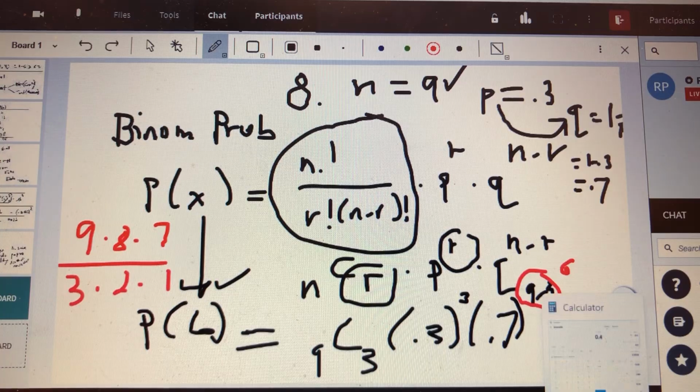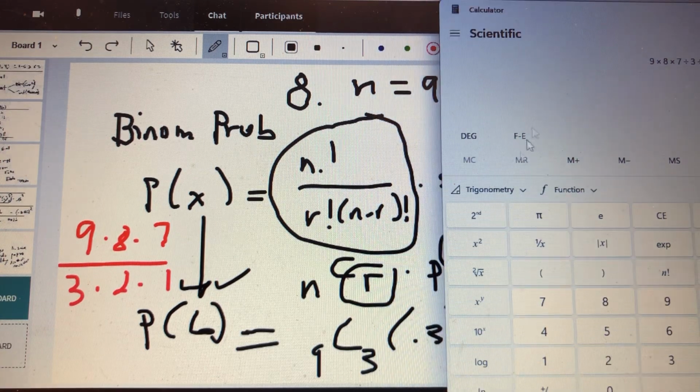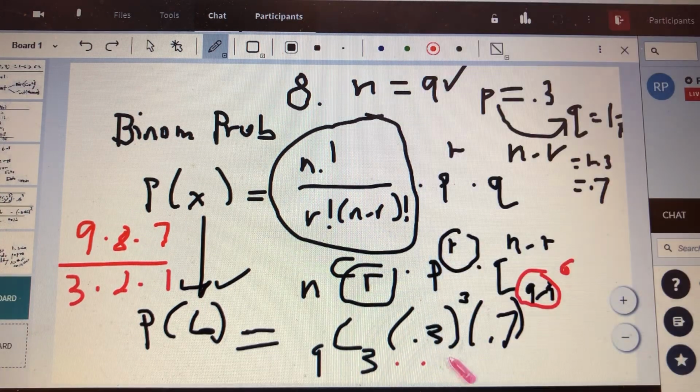I'm going to do this entirely if you don't have a graphing calculator: 9 times 8 times 7 divided by 3 divided by 2 divided by 1. That's the combination, 84, times 0.3 to the third power, times 0.7 to the sixth power.